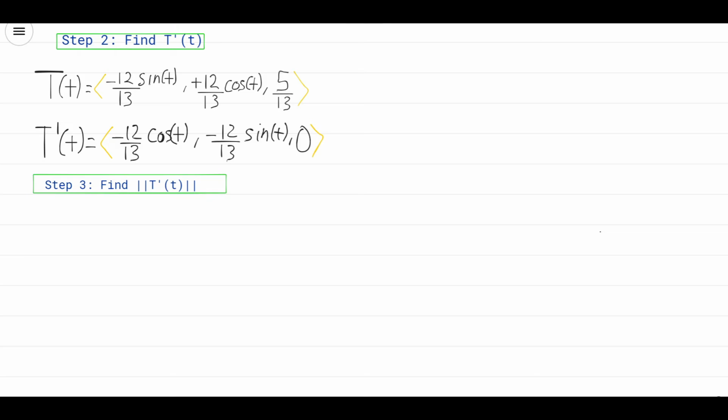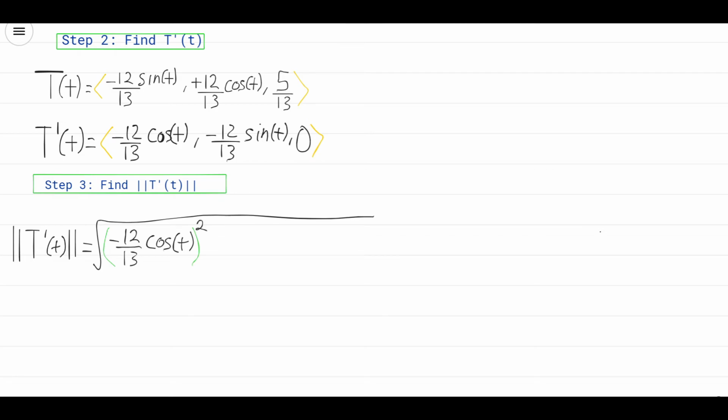To get the unit normal vector, we need to compute the magnitude of that. We take each term, square them, add them, and square root them. So the magnitude is the square root of negative 12 over 13 cosine of t, squared, plus negative 12 over 13 sine of t, squared, plus 0 squared.